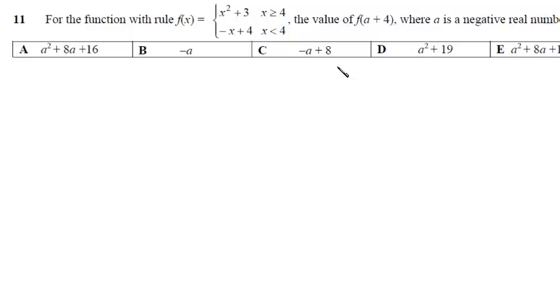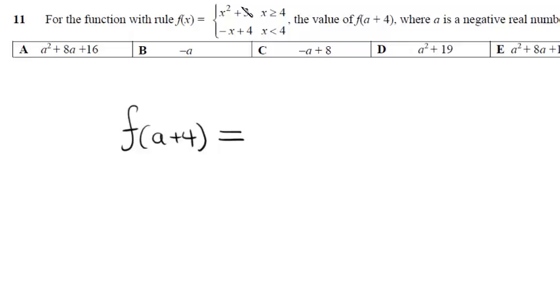It's very simple. You don't have to graph this one. All you have to do is make a choice. Do I have to use this one? So I'm going to give you a question. Is f of a plus 4 using this one?